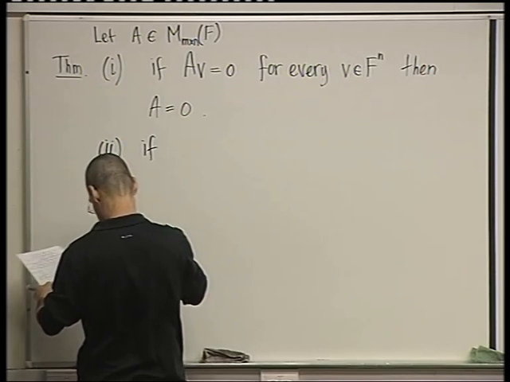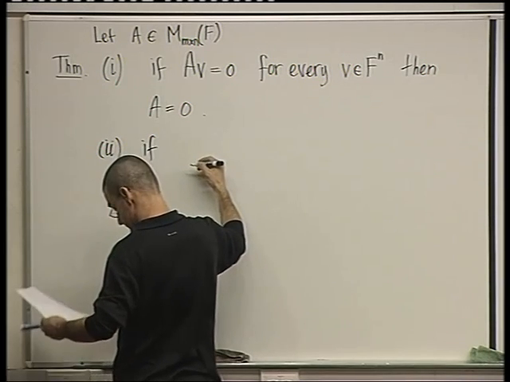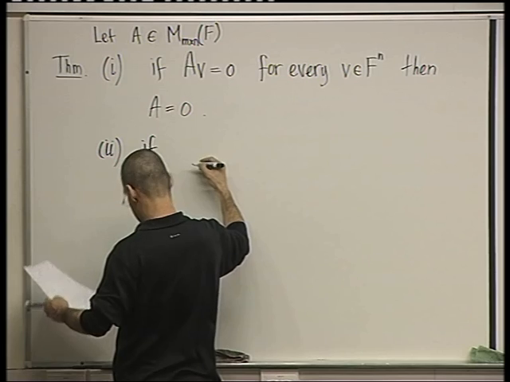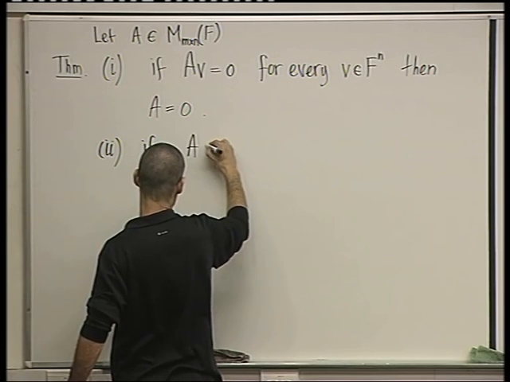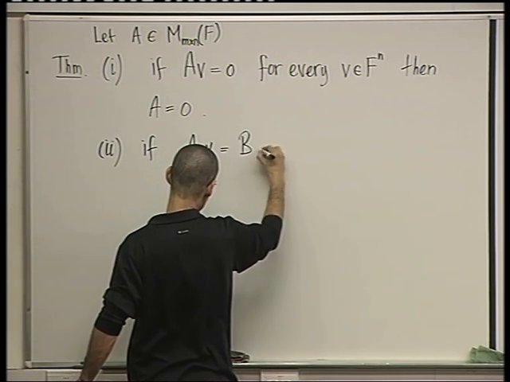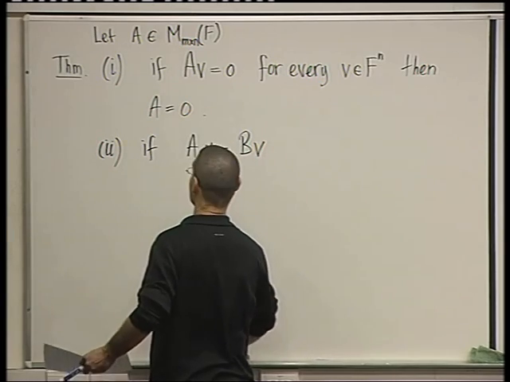And the second part is, if AV equals BV. Oh, now we have two matrices.